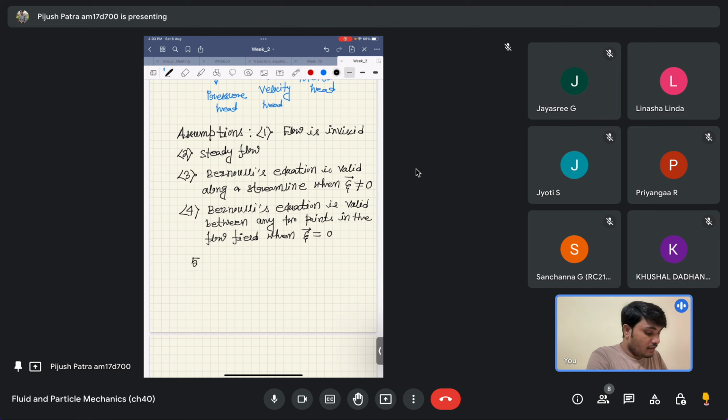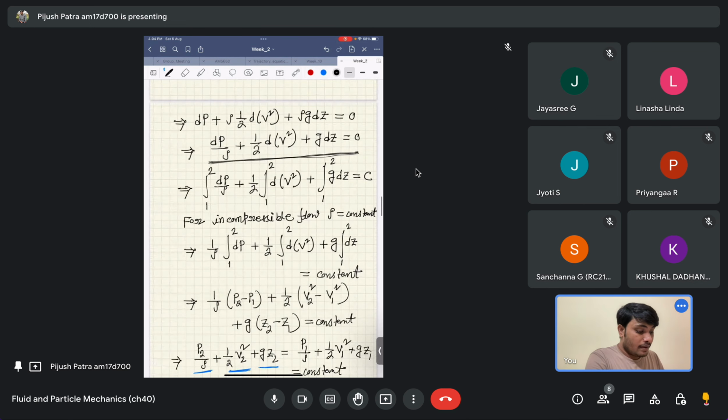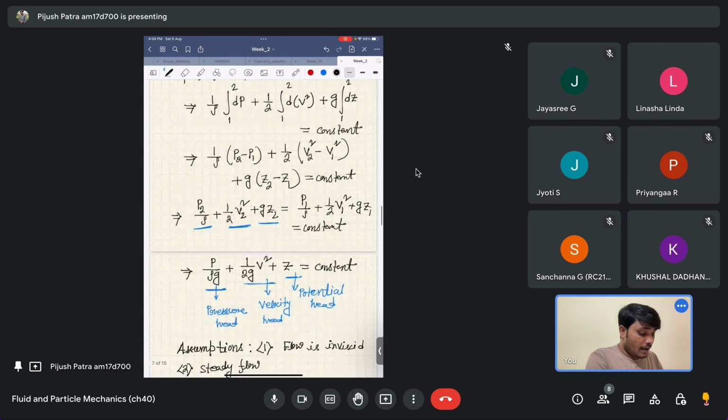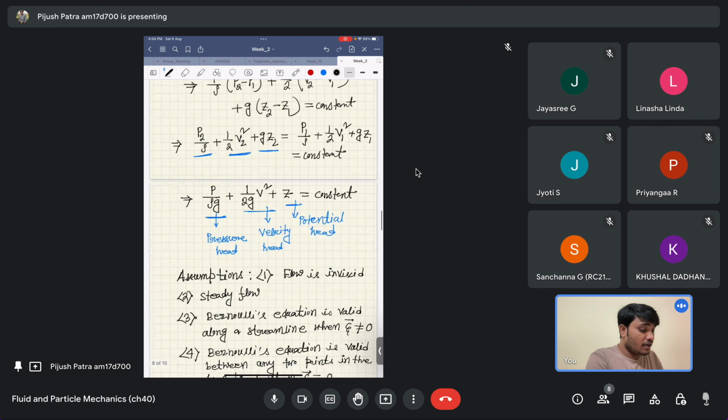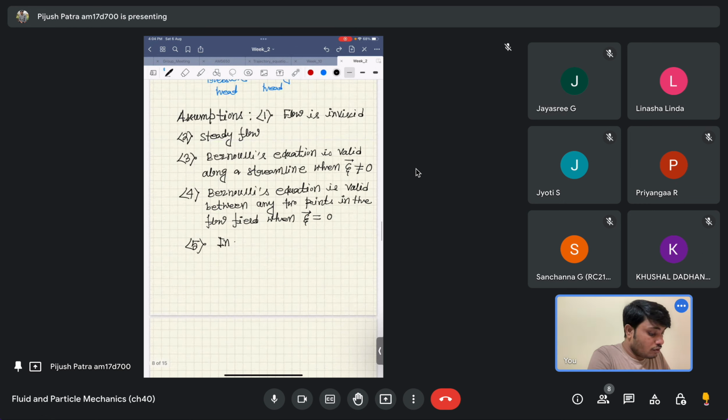What is the assumption number 5? That it is incompressible flow. For this particular form, you need to remember once again that I am writing all these assumptions for this particular form, the familiar form.